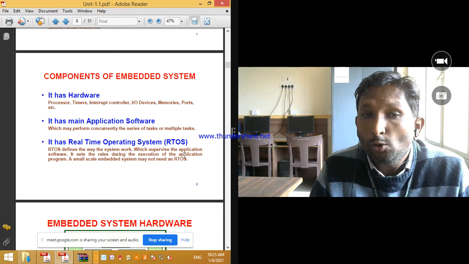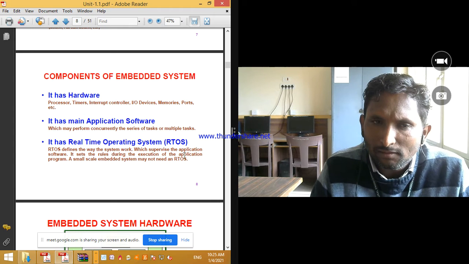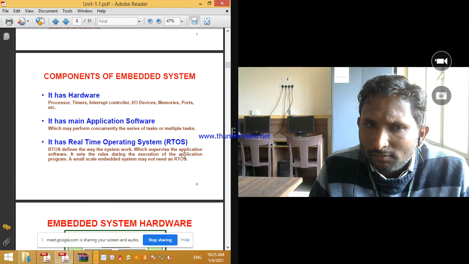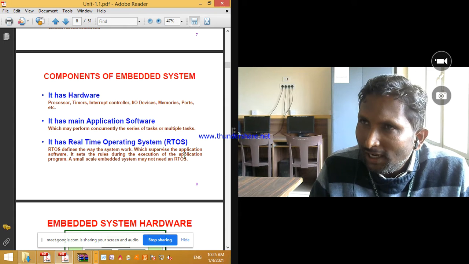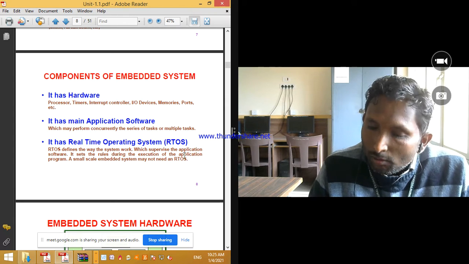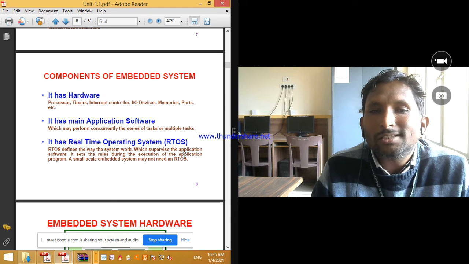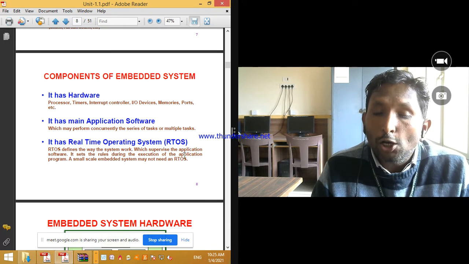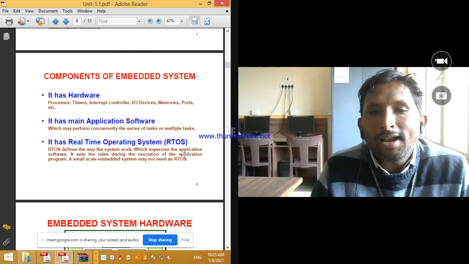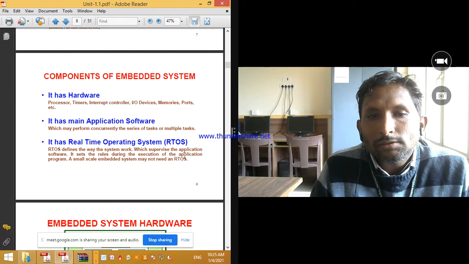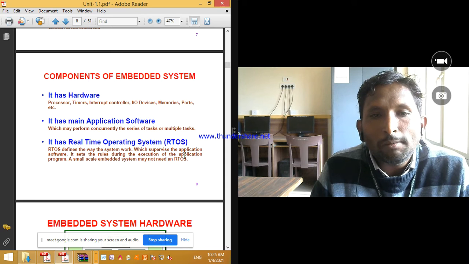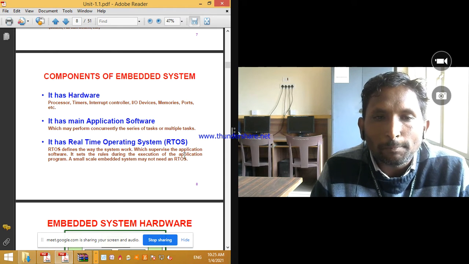No, we don't consider such false things. Should our system shut down? No. Though the interrupts occur, our system should work according to the instructions given by the controller. So to handle that interrupt, interrupt controllers are given in embedded system, and that is also an important component of embedded system.